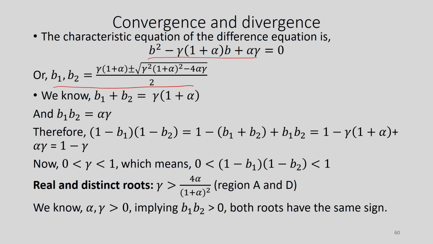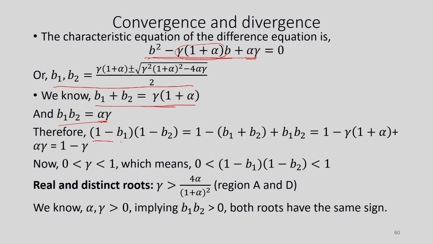Now, if we have a quadratic equation like this and B1 and B2 are the roots, then the summation of the roots is minus the coefficient of B, which is gamma multiplied by (1 plus alpha). This is high school mathematics. And the product of the roots is alpha multiplied by gamma. That we know.